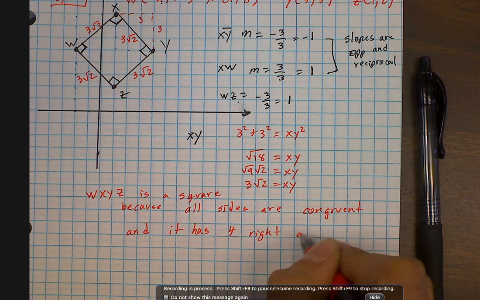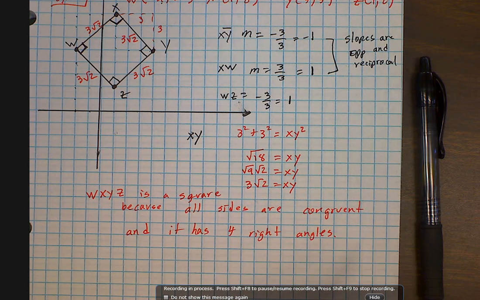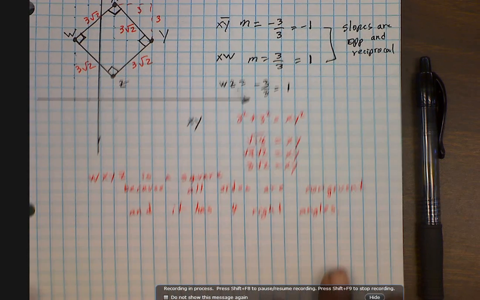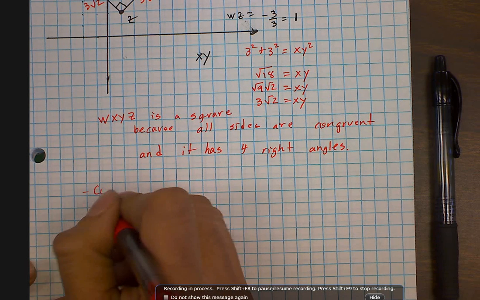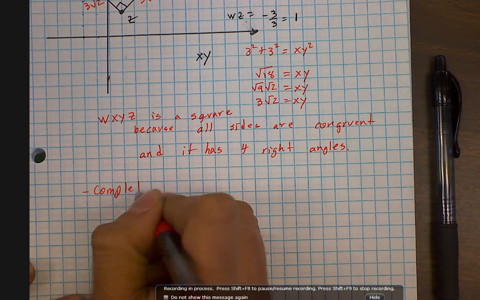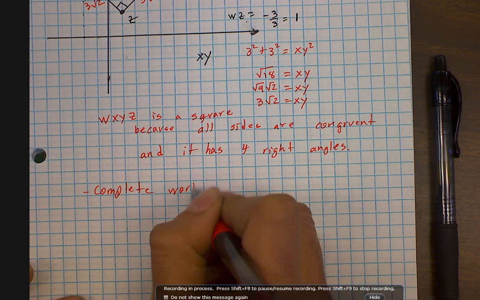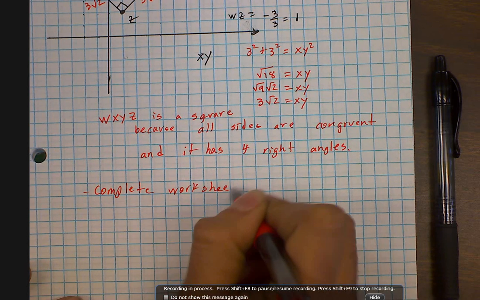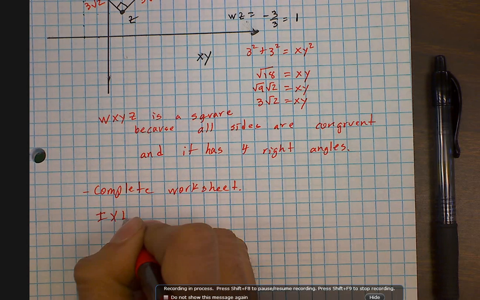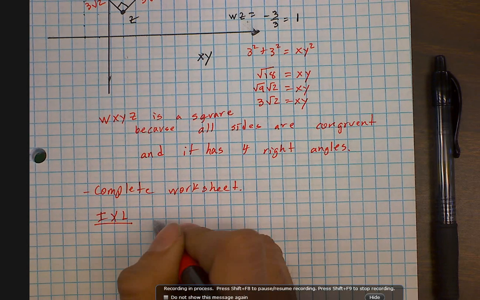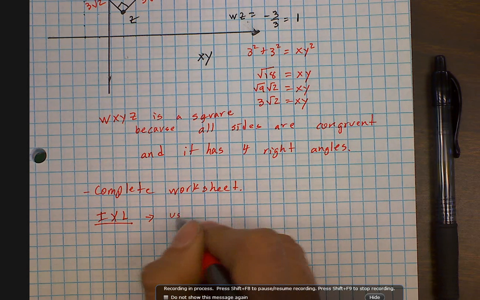All right. So, since I'm not here today, your job is to complete the worksheet. Then you're going to go to IXL. The sub has your username and password in case you need it.